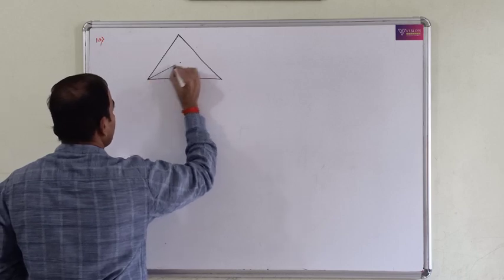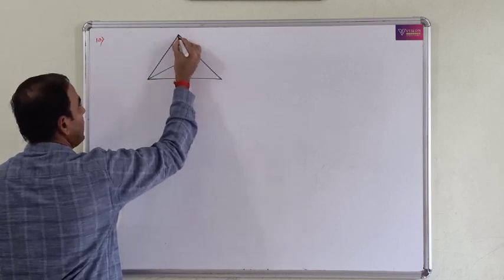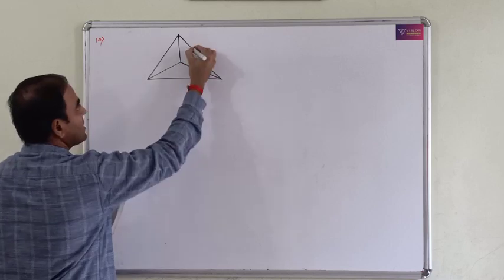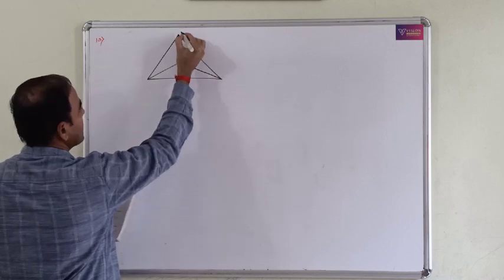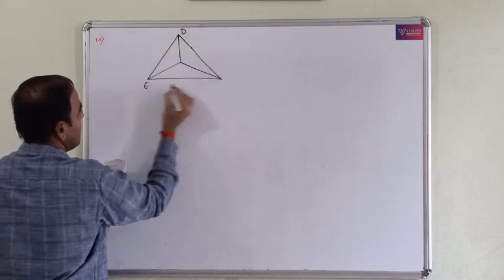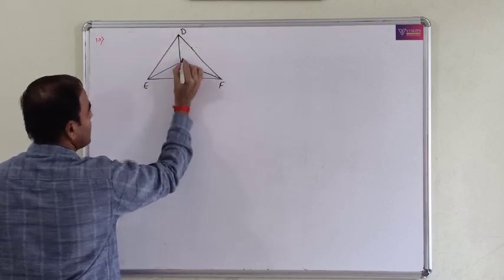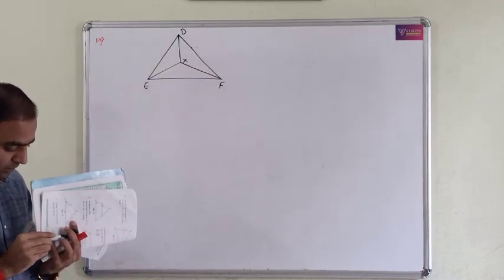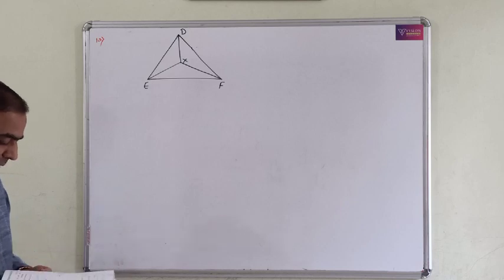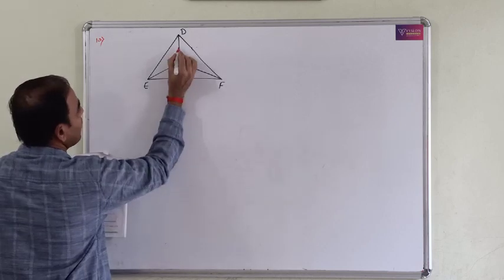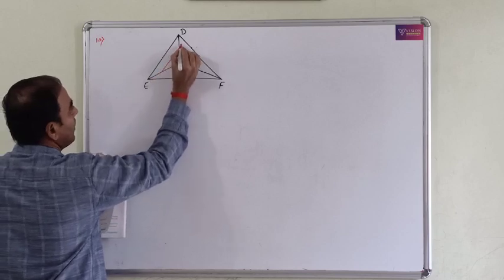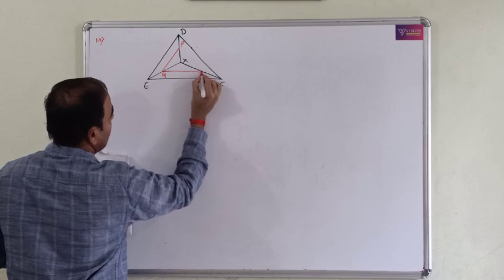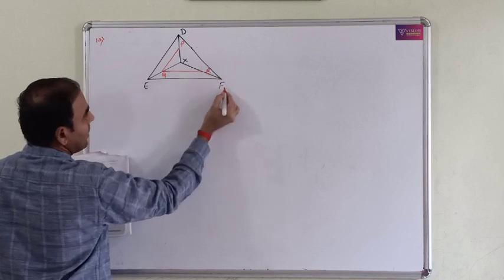X is interior of triangle DEF. It is joined to the vertices of the triangle. So this is the D vertex, this one is E, and this is F. X is here, joined to the vertices. Then PQ is parallel to DE, and QR is parallel to EF.